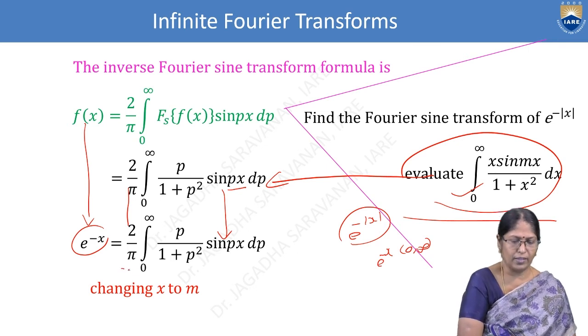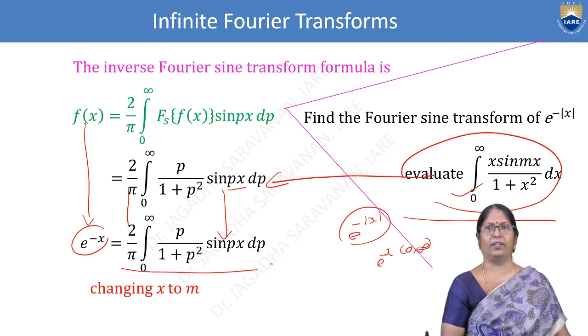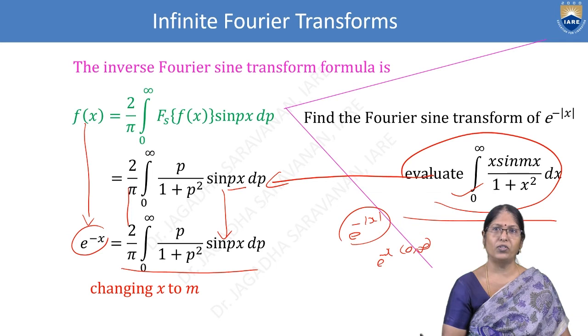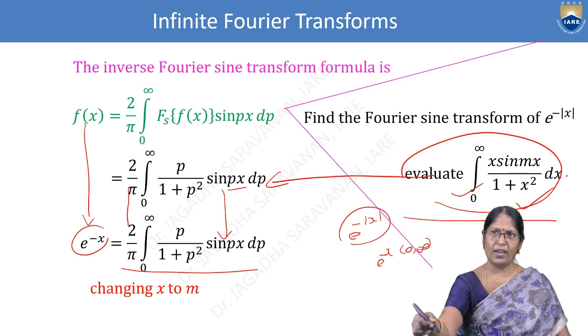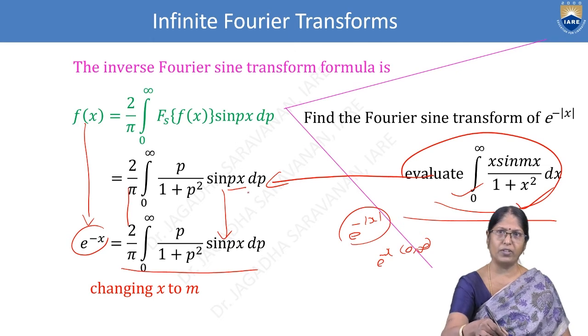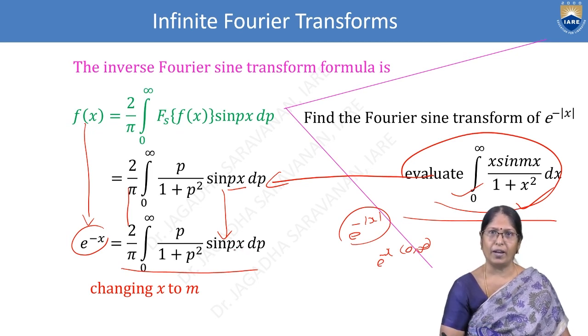Now, wherever x is there, we are going to change it into m. Why this idea suddenly? It is not any big idea. The question asks us to get m, but in our procedure there is no sign of m occurring. Better we take this x and change it into m.